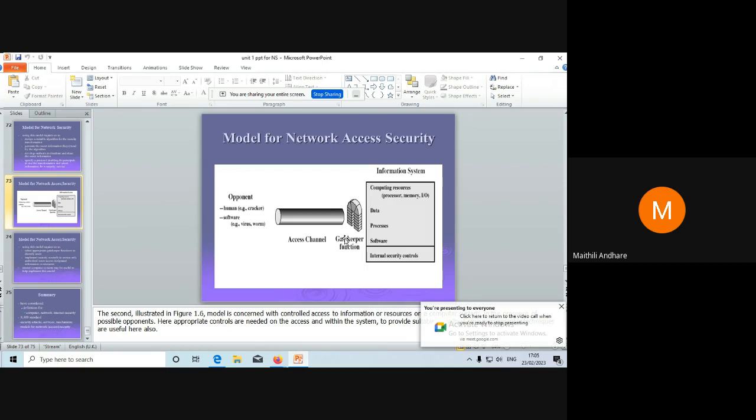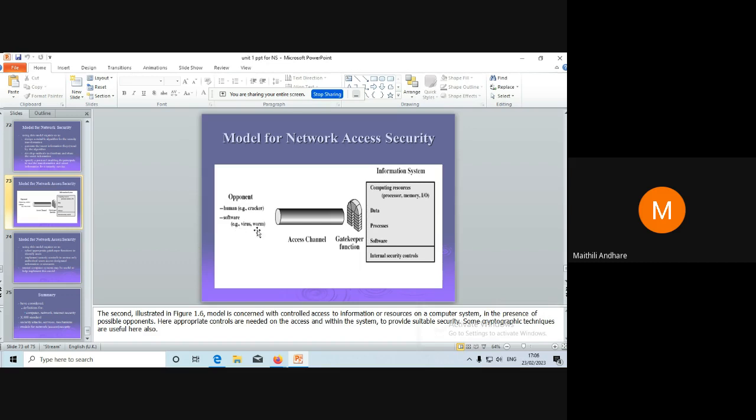We can put a firewall, we can use the password technology. Then this particular information system will be secure. But because the one accessing this information system can be anyone, here the opponent can be a human, a cracker, attacker, intruder, or in some cases a software.